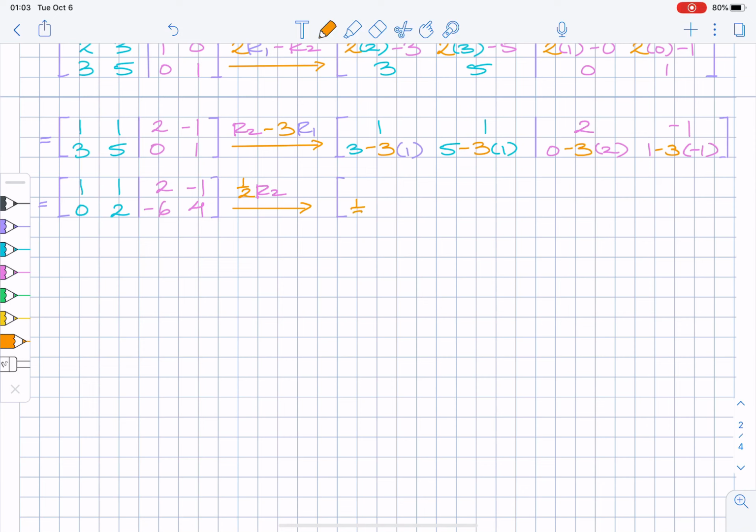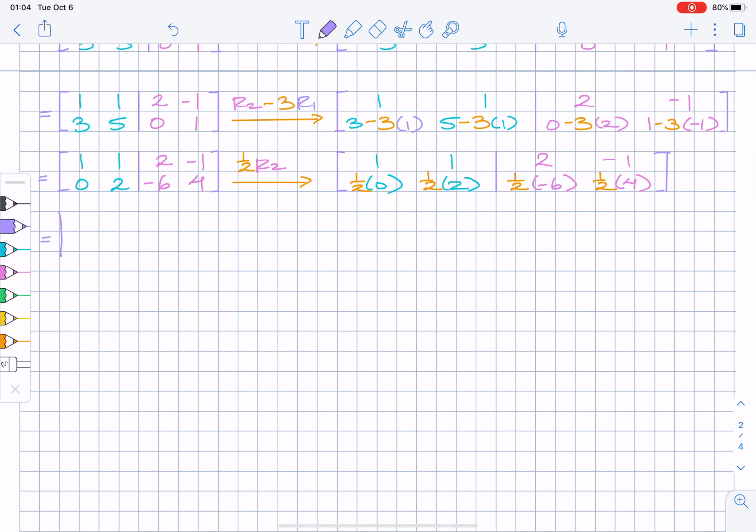So that'll be 1/2 times 0, 1/2 times 2, augment, 1/2 times -6, and 1/2 times 4. My first row is still 1, 1, 2, -1. Okay, so what do we get? We get 1, 0, 1, 1, augment, 2, -3, -1, 2.